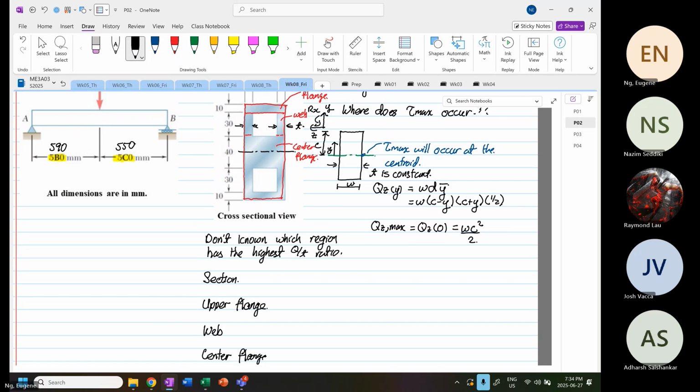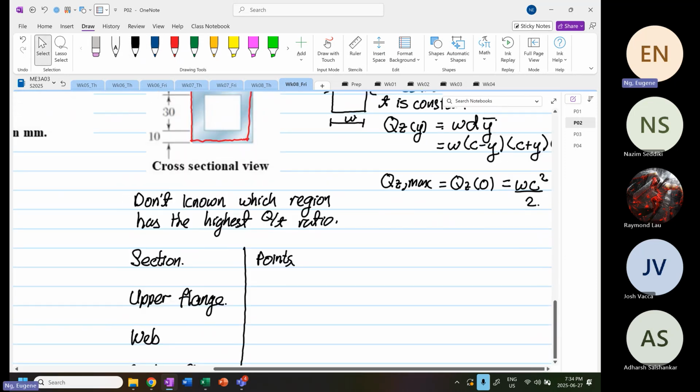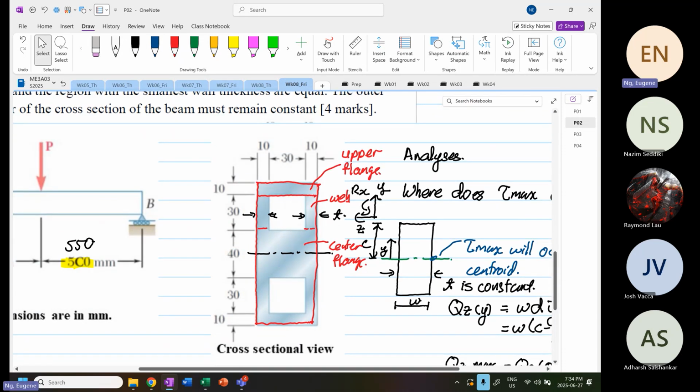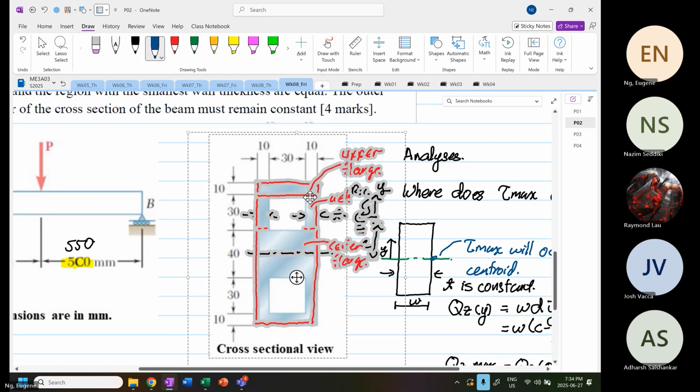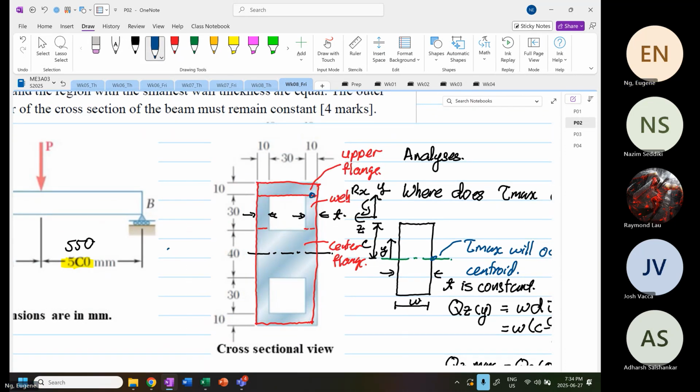Okay, and then I'm going to pick points. The point I'm going to pick over here is my point A. Over here is my point B, and over there is my point C. Why do I pick those points?